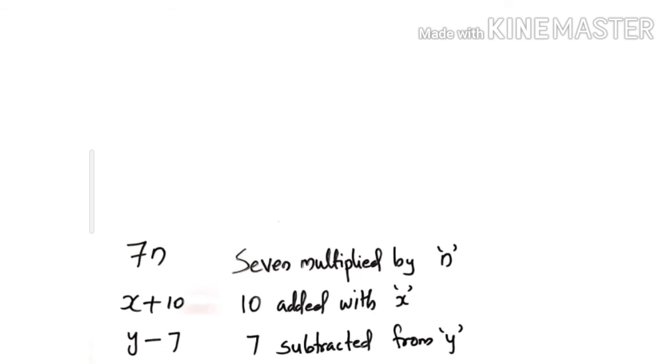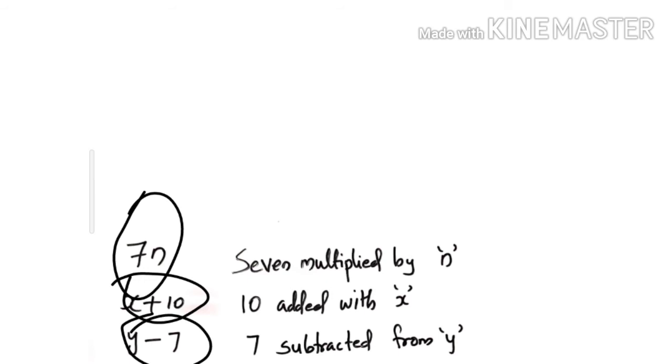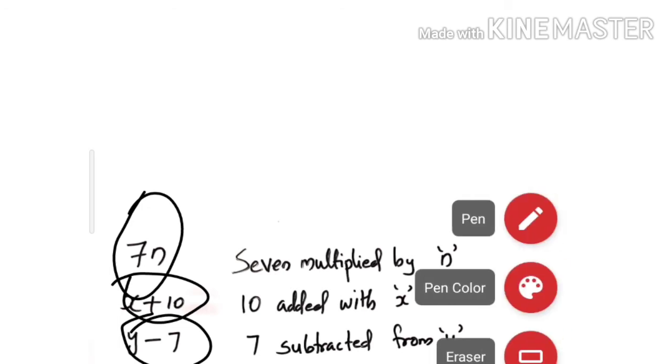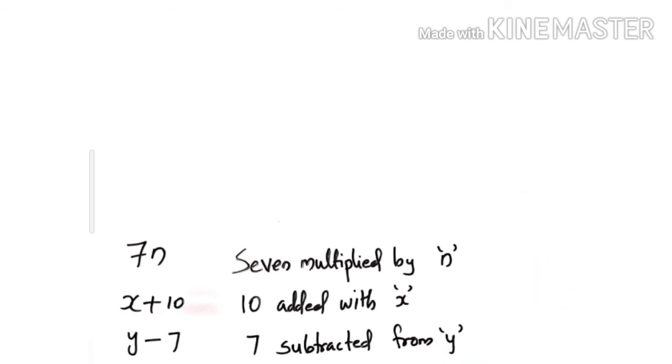Now let us learn the meanings of these expressions. Here you have 1, 2, 3, 4, 5 expressions. Let us learn how can we read these expressions, or what's the meaning of these expressions.